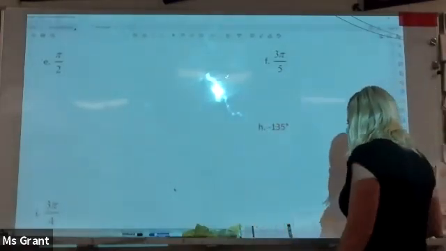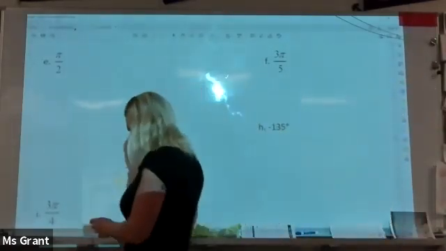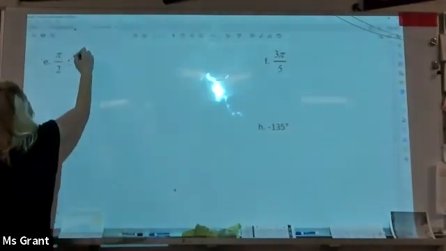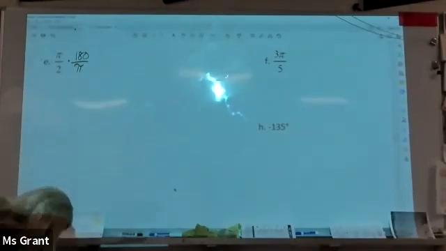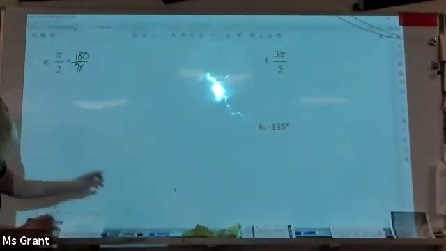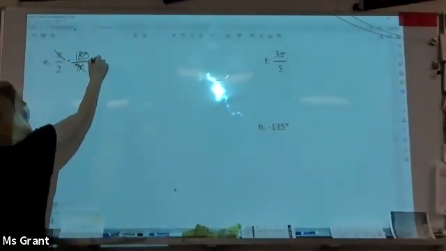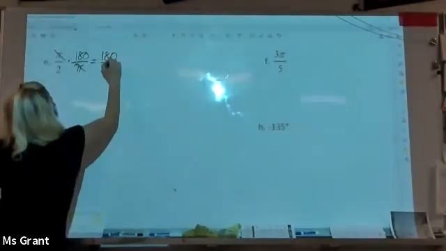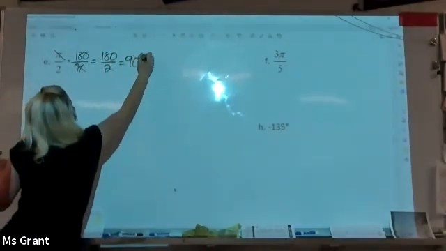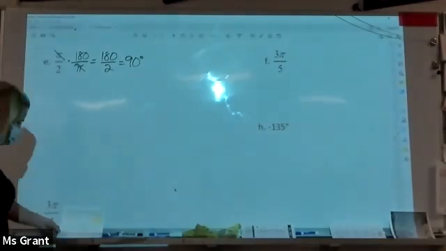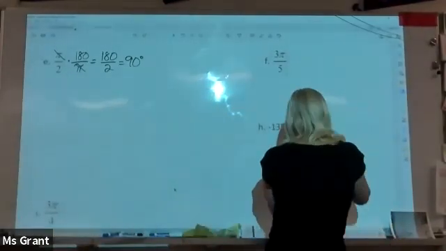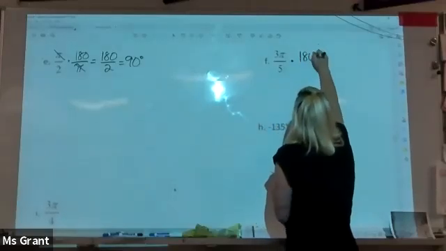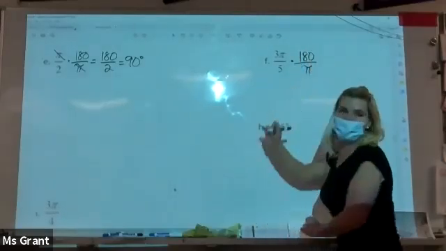E, pi over 2. Multiply by 180 over pi. Cross canceling gets me that the pi's are gone. 180 over 2, 90 degrees. 3 pi over 5. Multiply by 180 over pi. Pi is in the denominator.